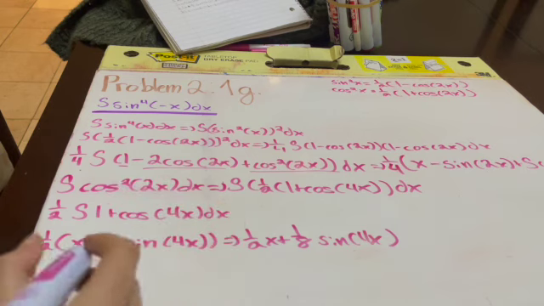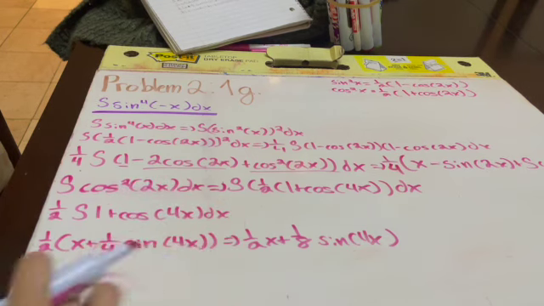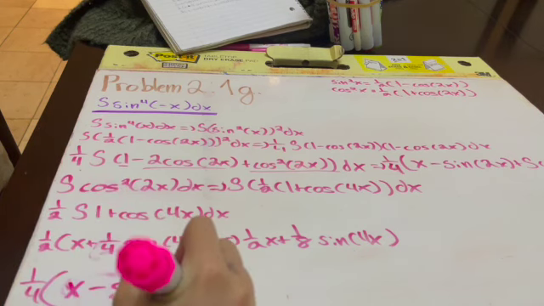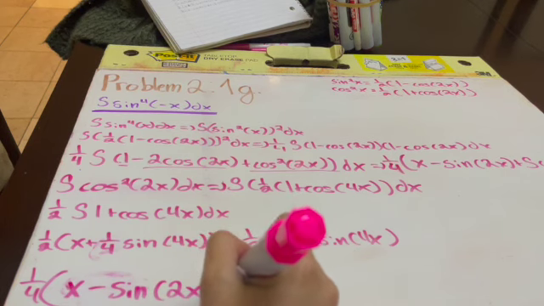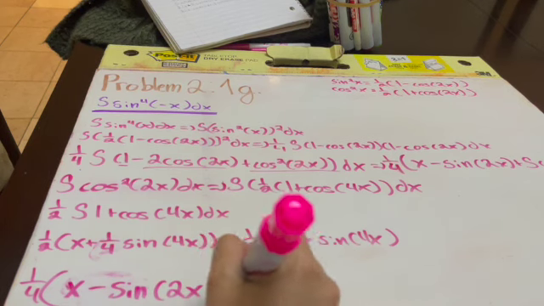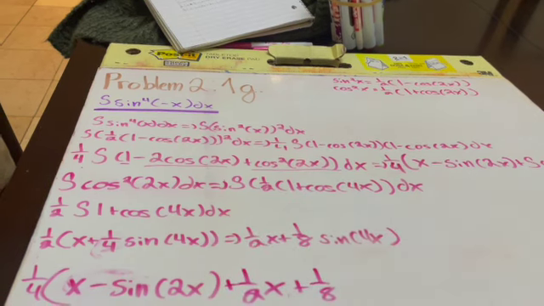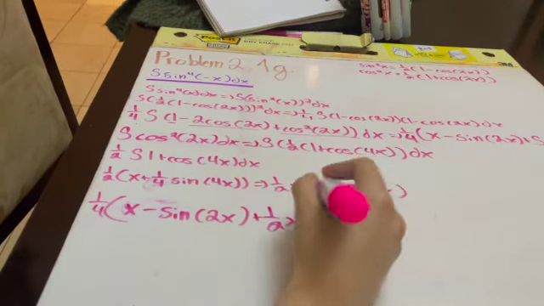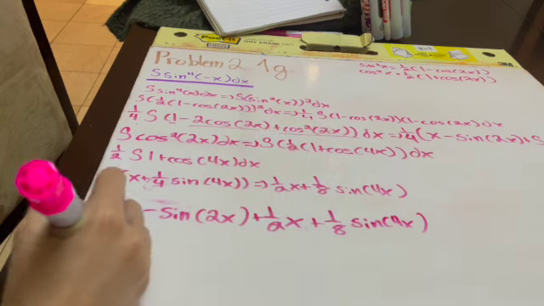I'm just going to leave it out there because it's simpler that way. x minus sine 2 of x plus 1/2 x plus 1/8 sine 4 of x, and then we can simplify that.